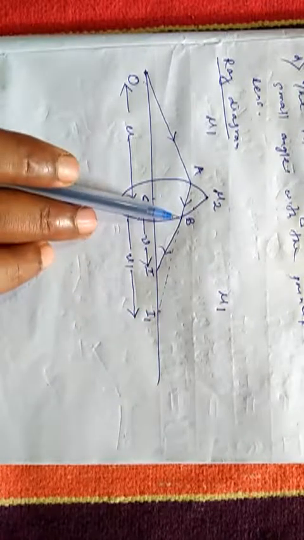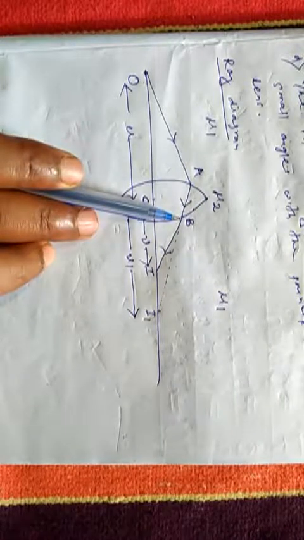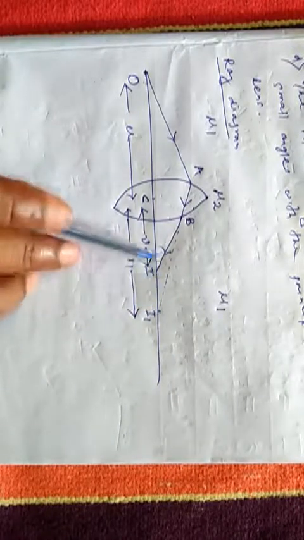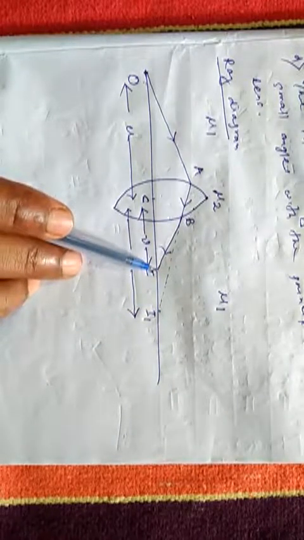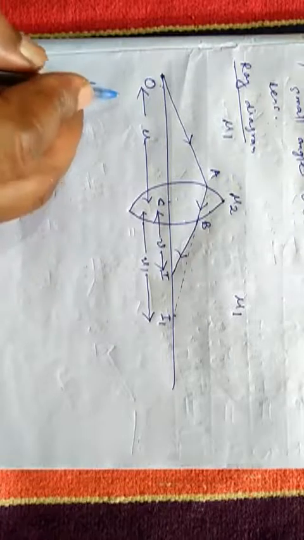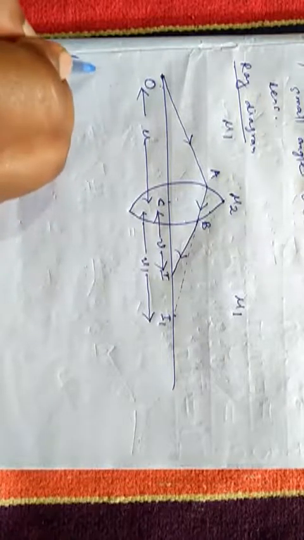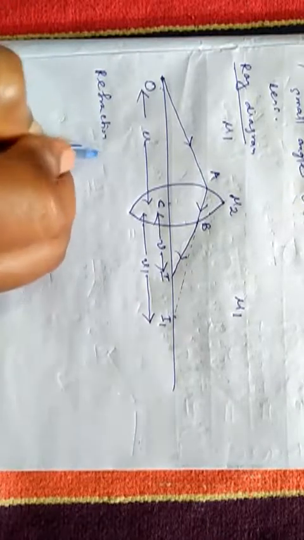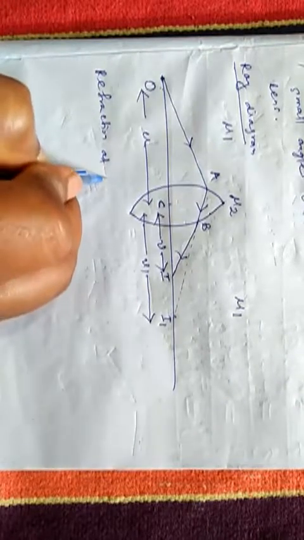But refraction takes place at the second surface, where I1 behaves as a virtual object and the final image is formed at I. So at first we will discuss refraction at the first surface.